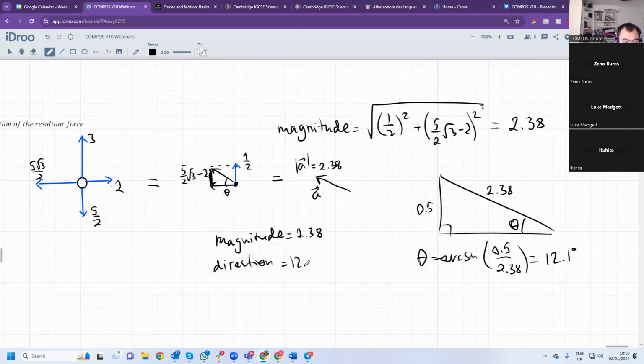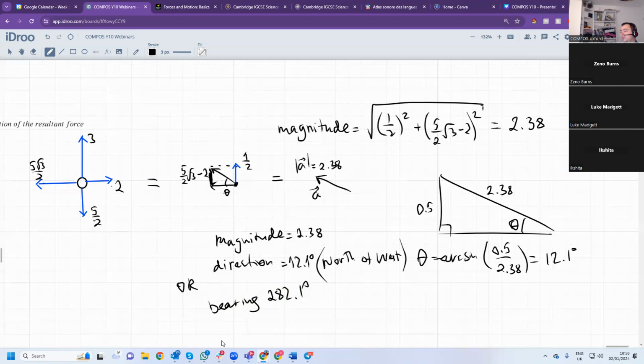The direction is 12.1 degrees north of west. Or you can say, if you fancy it, it's plus 270, or bearing 282.1 if you like it.